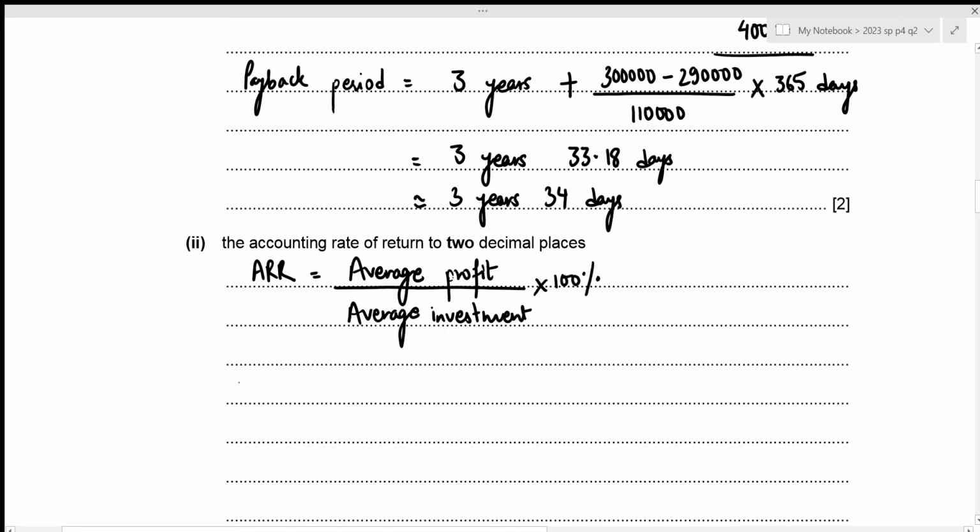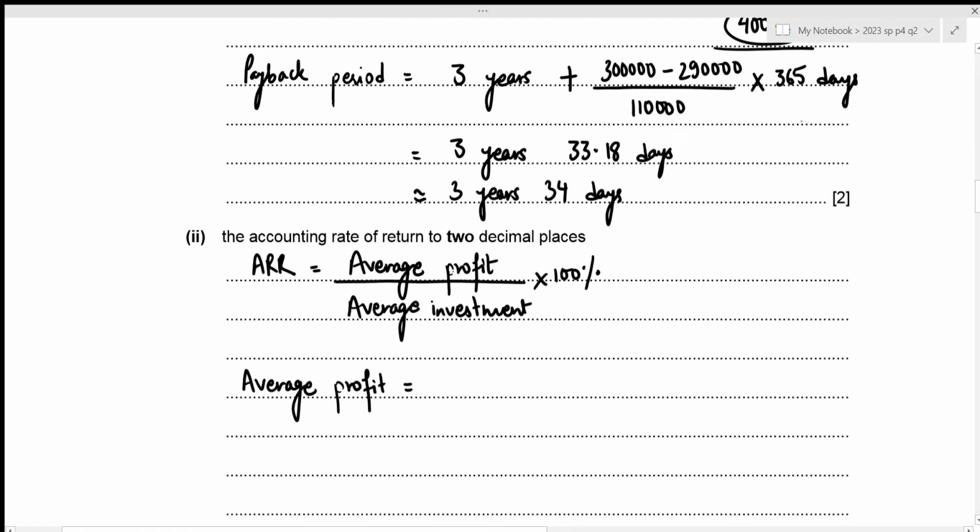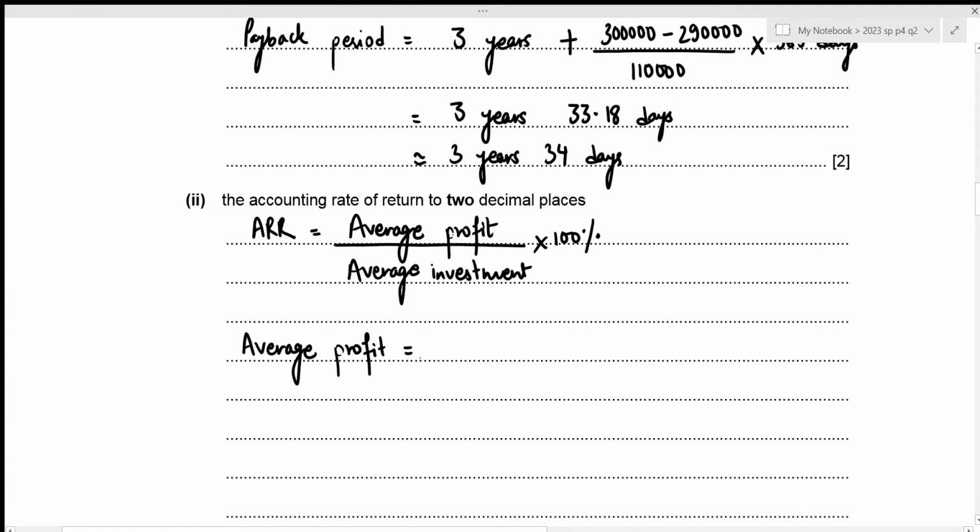Now let's figure out the average profit. So profit is just all of our inflows or incomes minus our outflows or expenses, right? And we already figured out that all of our inflows total 400,000 and our initial expense is 300,000, right? So in order to figure out the total profit, we just need to subtract our outflow of 300,000 from our total inflows of 400,000.